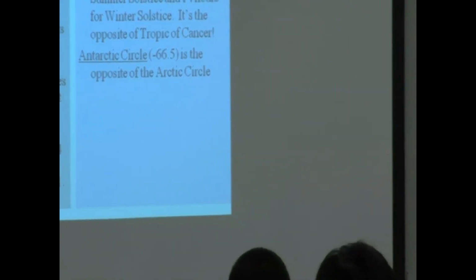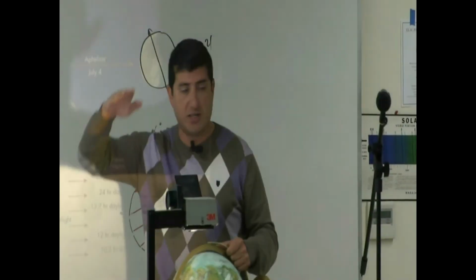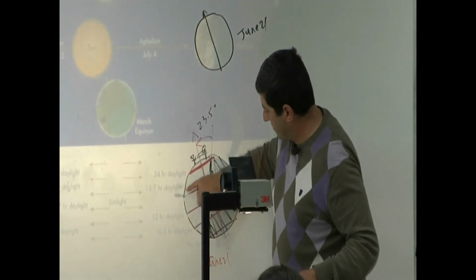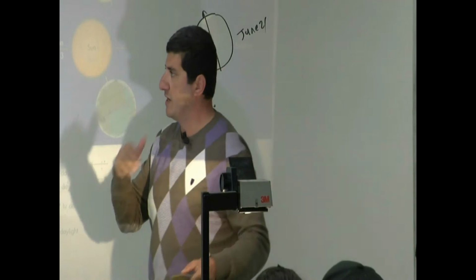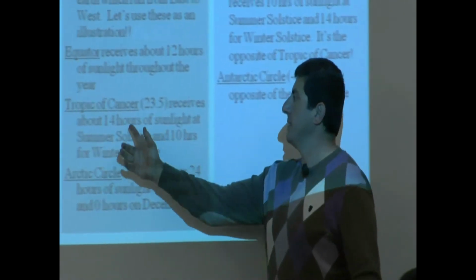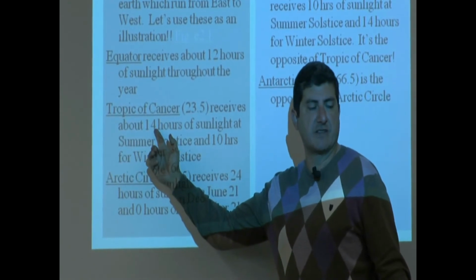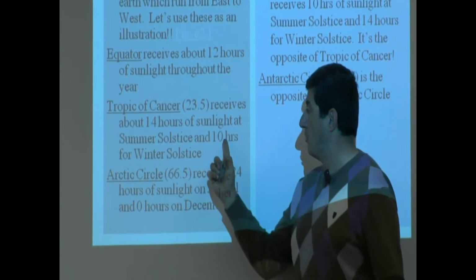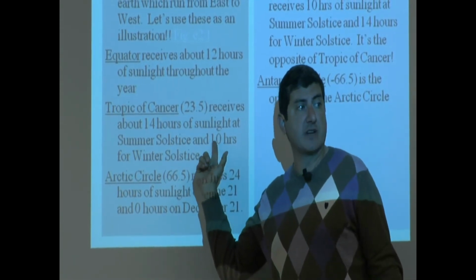How about LA? Where would LA be here in this picture? LA is above the Tropic of Cancer, right? So LA is a little above. So in the summer, we should get a little bit more hours of sunlight than the Tropic of Cancer does. And then in the winter, we should get a little less hours of sunlight than the Tropic of Cancer.